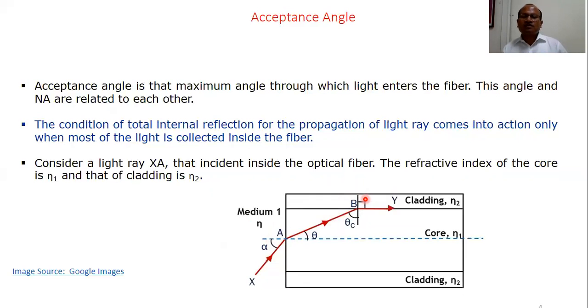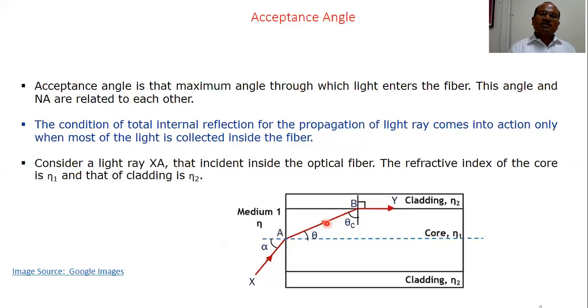What is the TIR condition? When the angle of incidence is greater than the critical angle. Look, critical angle has been shown here. What do we mean by critical angle? The light that is incident at point B will refract into the cladding area, because cladding has lesser refractive index, and it goes away from normal, please remember.